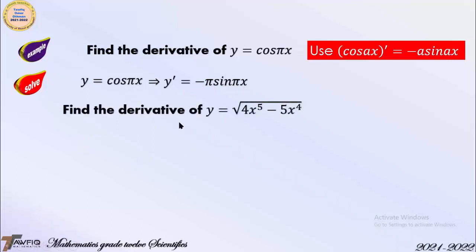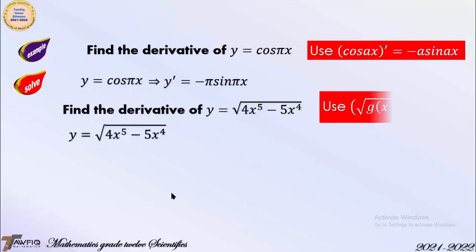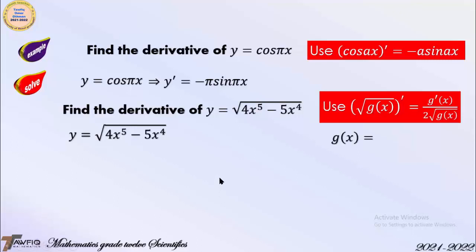Find the derivative of y is equal square root of 4x to the power 5 minus 5x to the power 4. To take the derivative of this function, first of all, using this rule, take inside the square root and find its derivative.